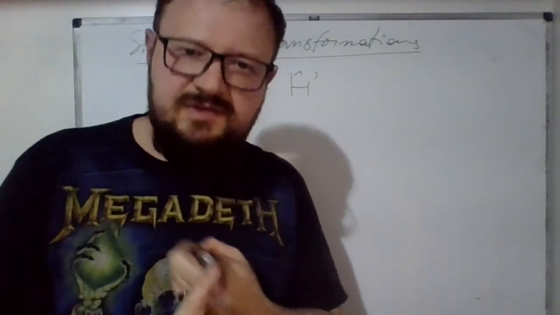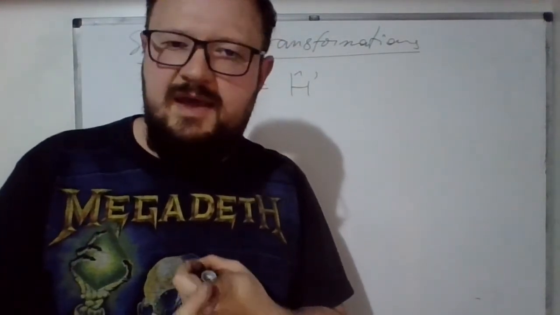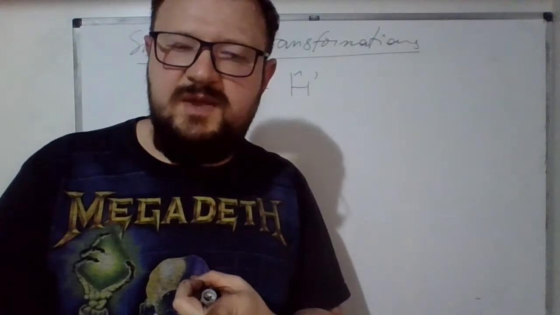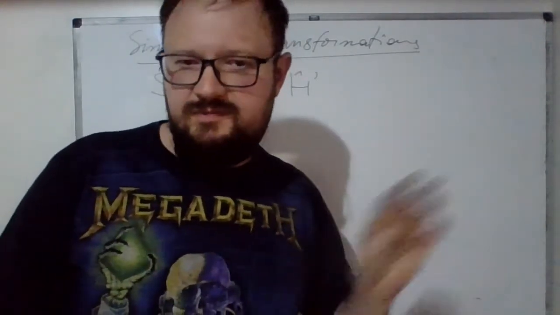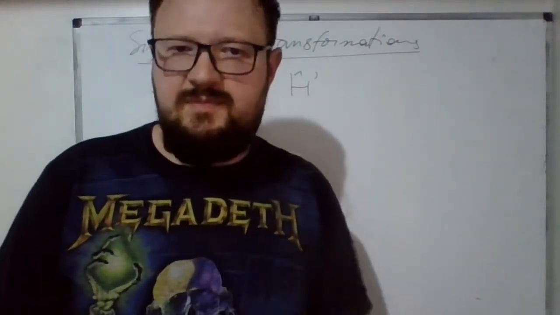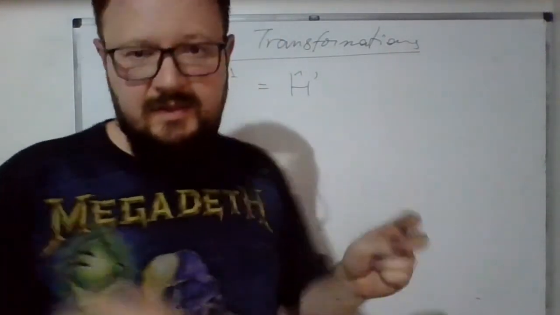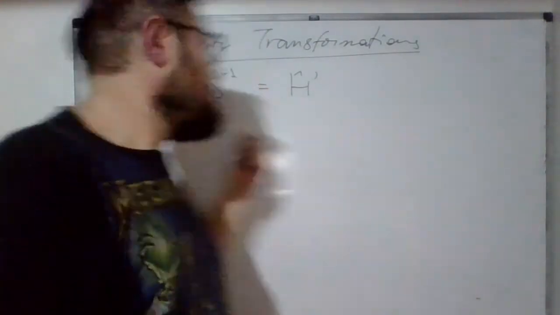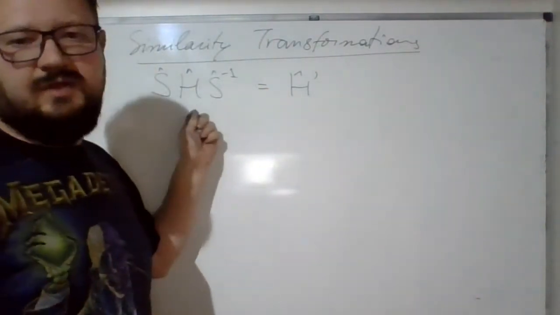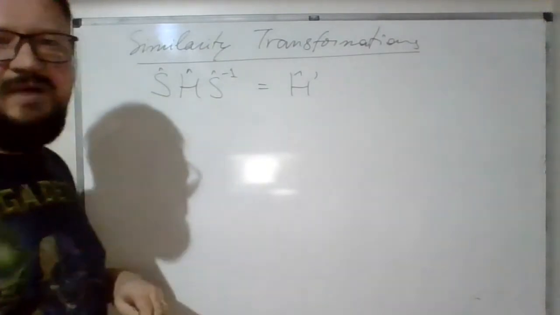Eigenvalues are not changed by this transformation, so the trace and the determinant of the Hamiltonian are not transformed. They keep the same. But the Hamiltonian can look different in this basis transformation. It can correspond to a basis transformation.